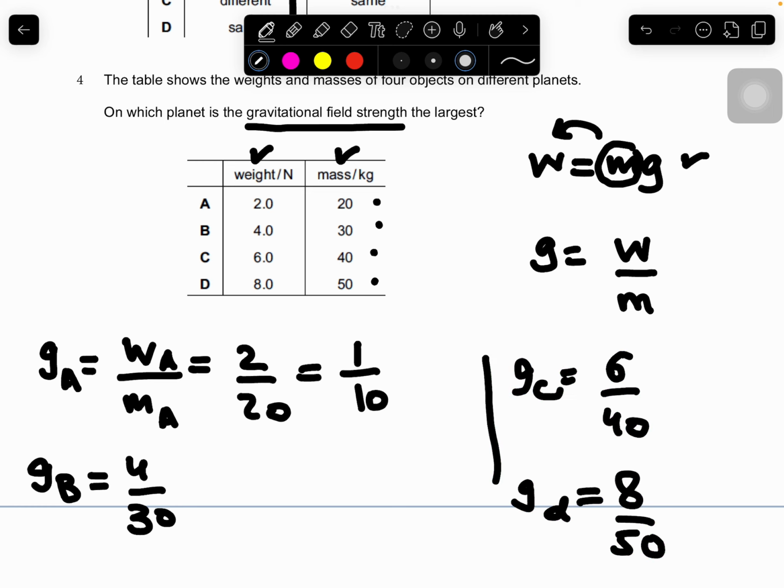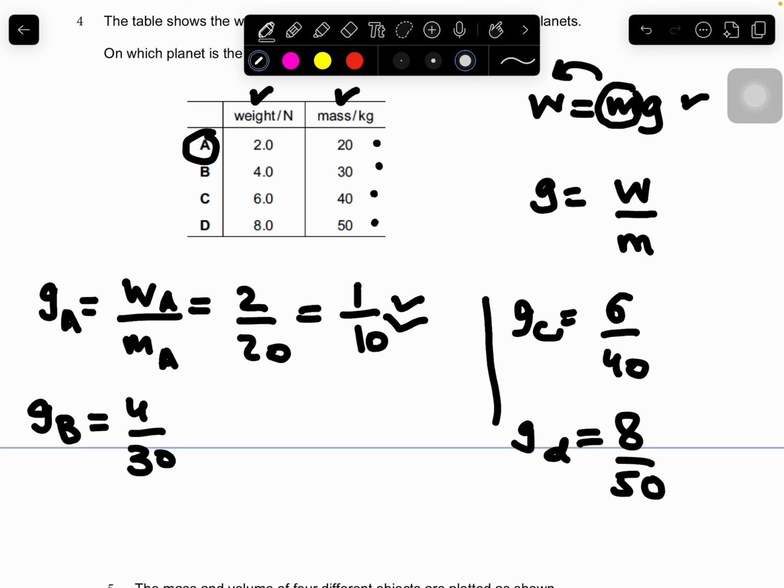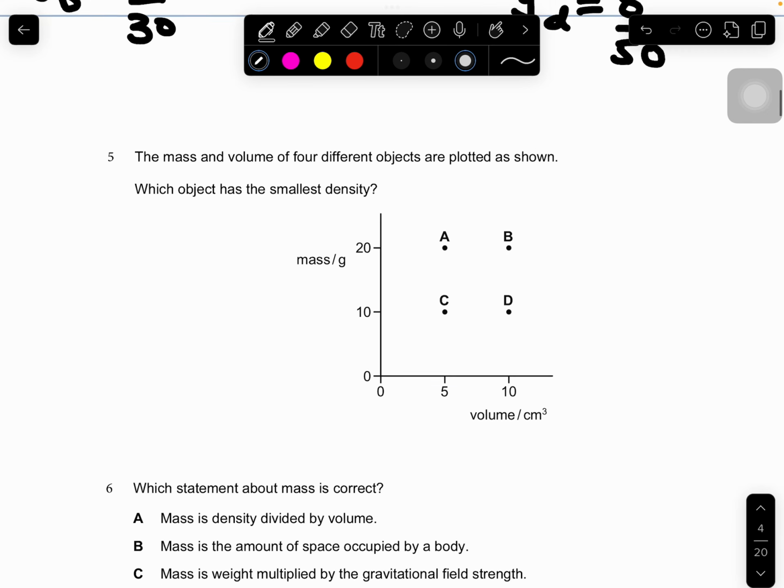You'll find all of these, and I think the number that you'll get is this one. It's going to be the smallest, but please compute these numbers and double check as well.